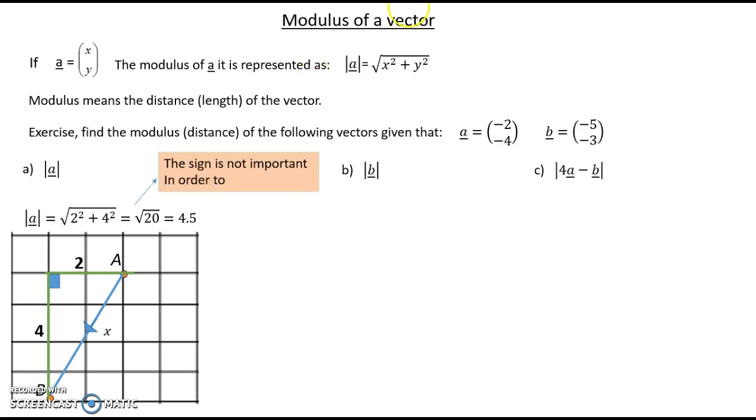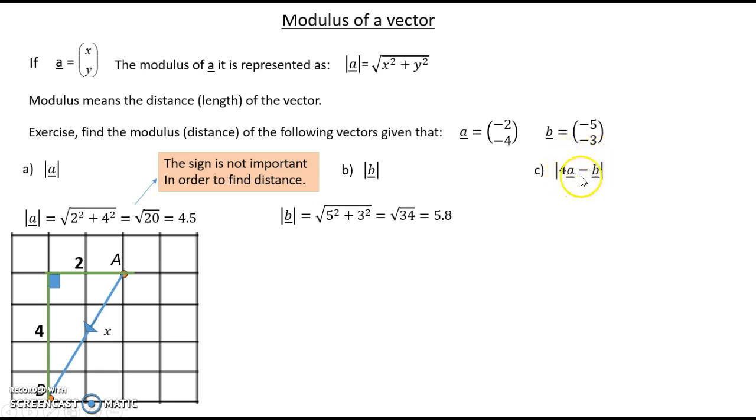Note, we could use the numbers in the column vector of a, but without the sign, because the sign just shows direction. So for the vector b, the distance will be the square root of 5 squared plus 3 squared. So this means 5 to the left, 3 downwards. Using the triangle is the same as finding 5 squared plus 3 squared and then the square root, and you get 5.8.